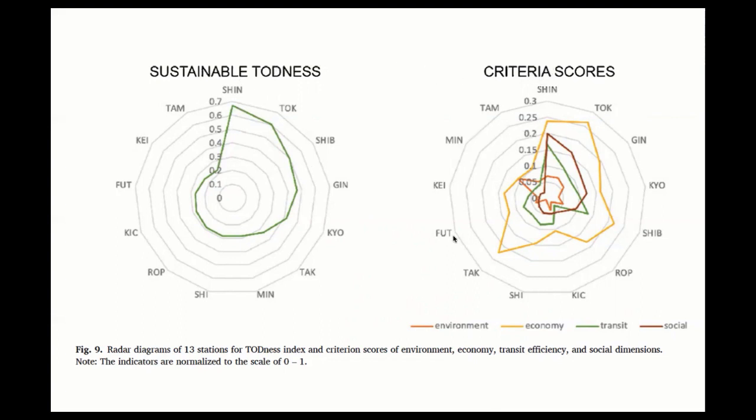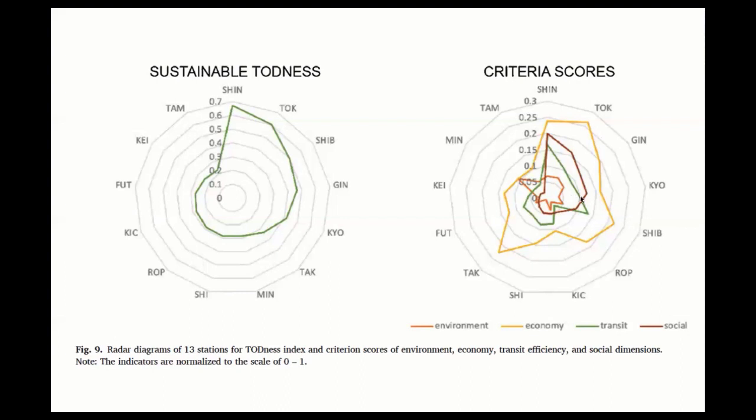They also have a second radar chart, again for the 13 stations, which separates the 4 dimensions of scores. I do want to point out that it's sad to see that economy is much bigger and environment is pretty small.